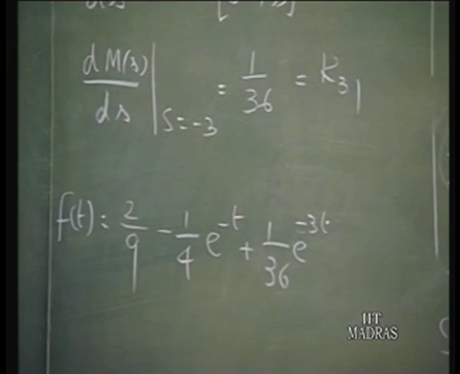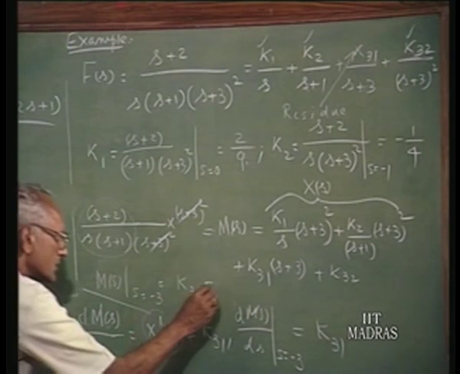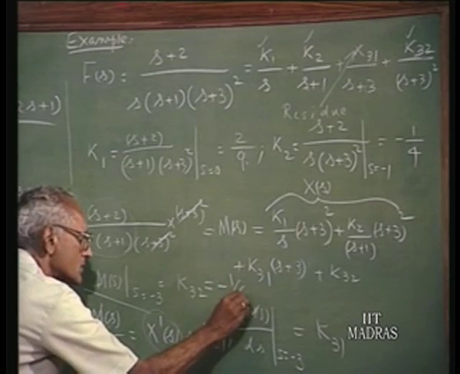and corresponding to K32 over (s plus 3) whole squared. K32 we have not worked out. K32 will be equal to, when you substitute s equals minus 3 here, minus 1/6. You can work this out, minus 1/6.